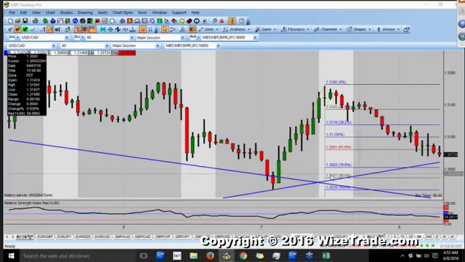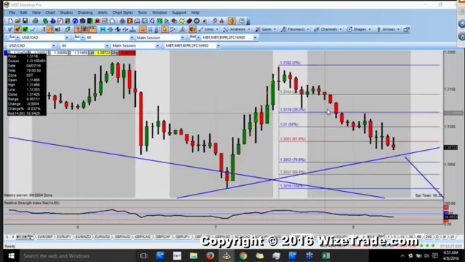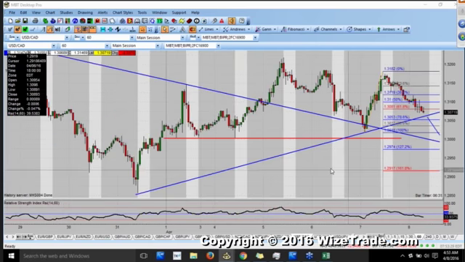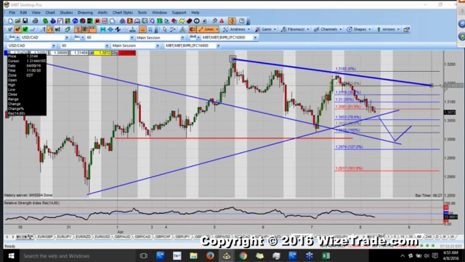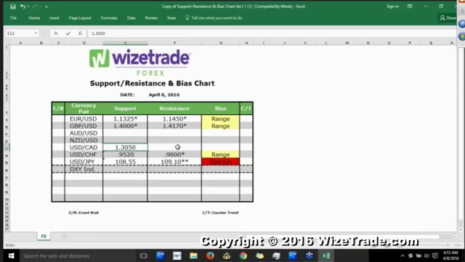So resistance is going to be, especially if we're forming some sort of triangle here, which very easily could be it, right back at 131.50.